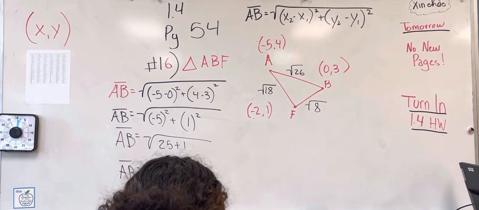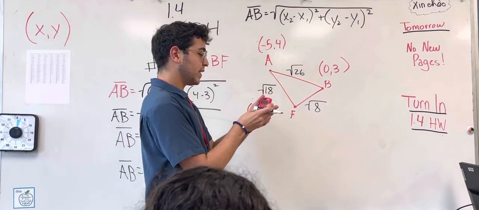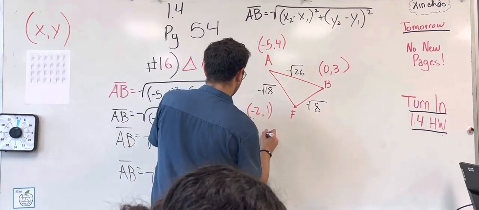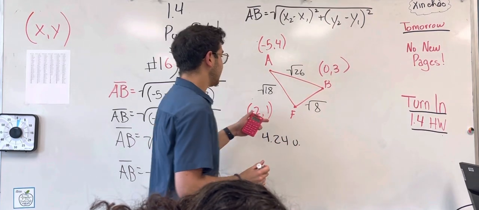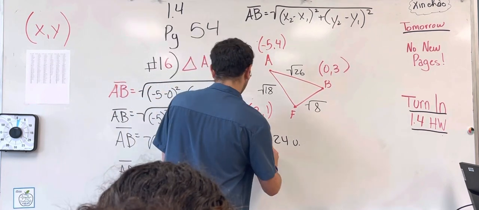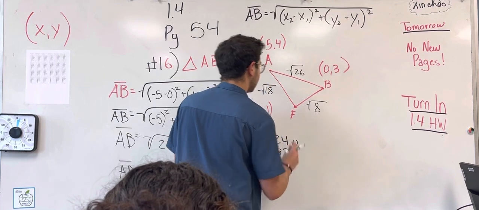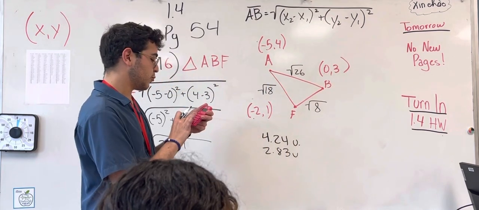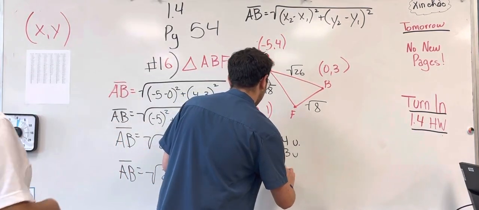Excellent. So, sorry about that. The square root of 18 is 4.24 units. The square root of 8 is 2.83 units. And the square root of 26 is 5.1 units.